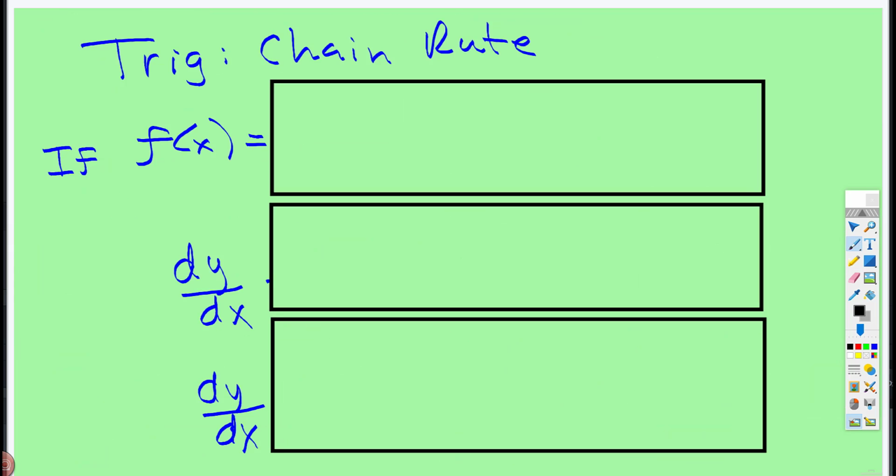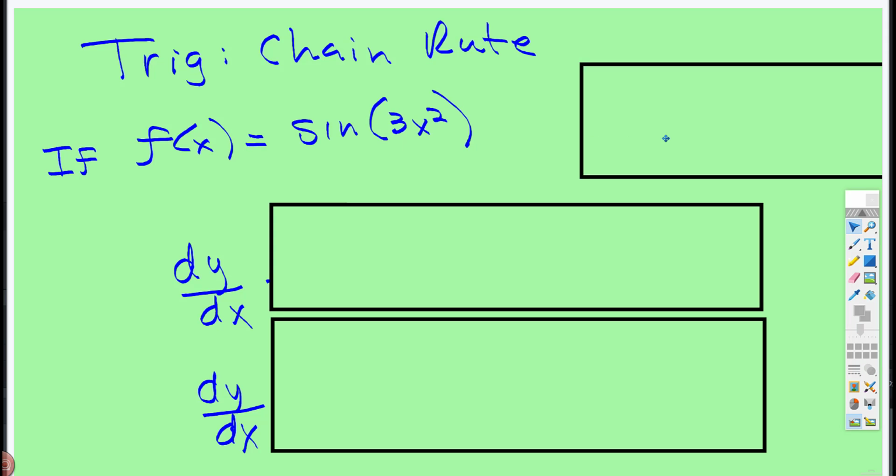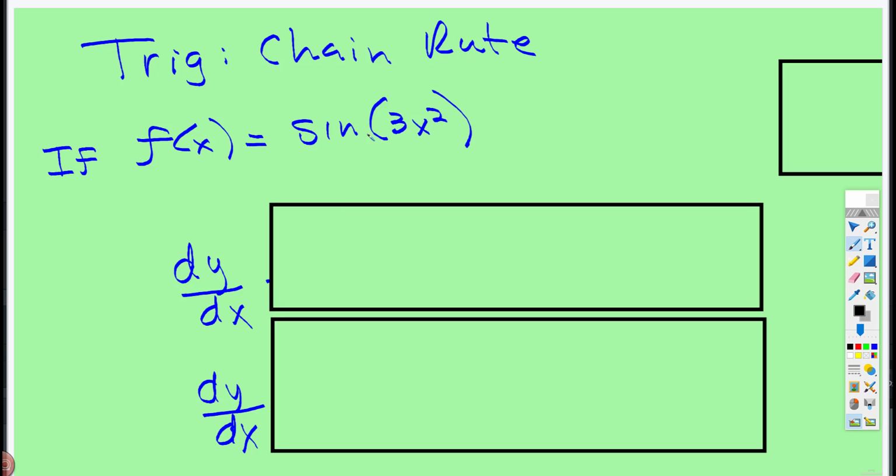So we're going to do an example of how the trig function falls under the chain rule. So if we have sine 3x squared, notice the inside, this is theta. Well, that's on the inside. So the outer function is sine.